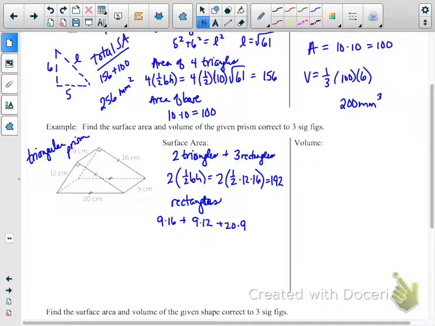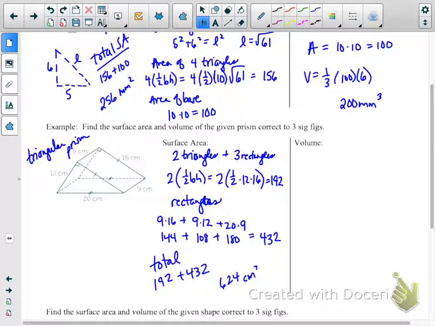That's going to be 9 times 16 is 144. 9 times 12 is 108. And 20 times 9 is 180. That gives me 432. So now we add those together. Total is 192. Now remember, that's my 2 triangular bases plus my 3 rectangular sides gives me 624 centimeters squared.